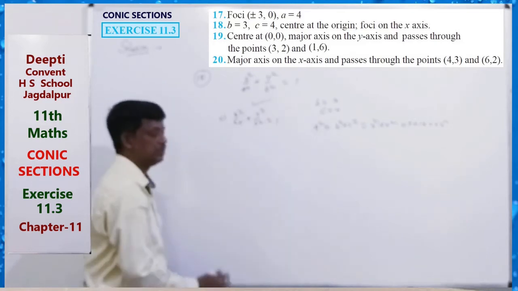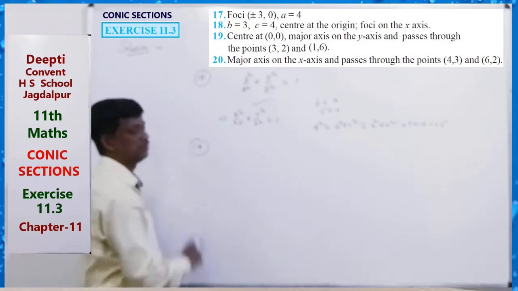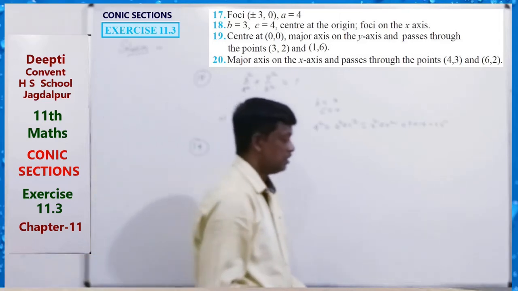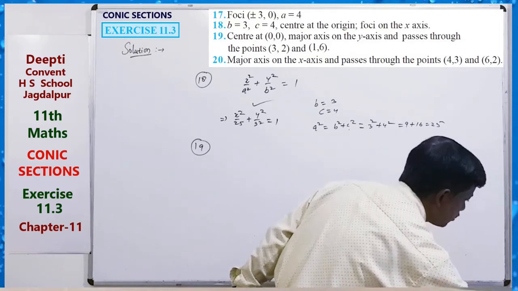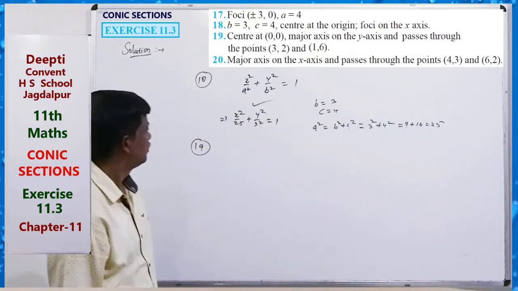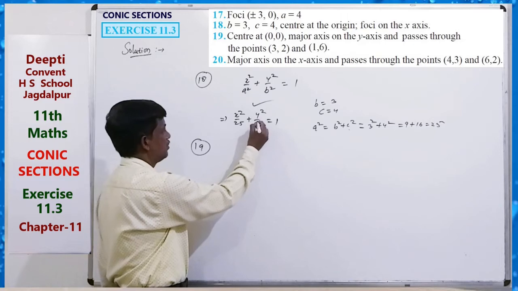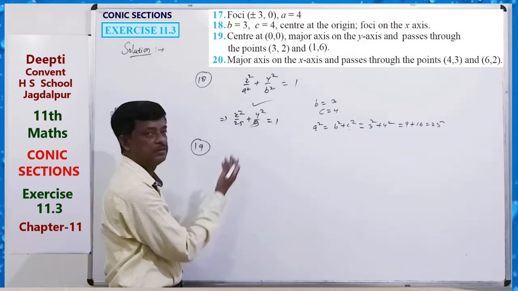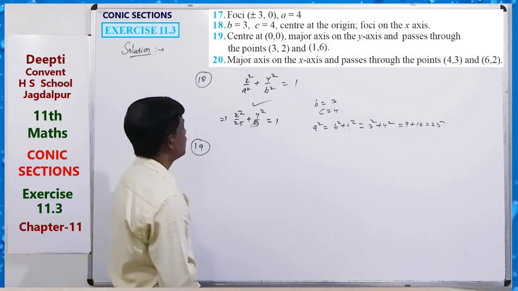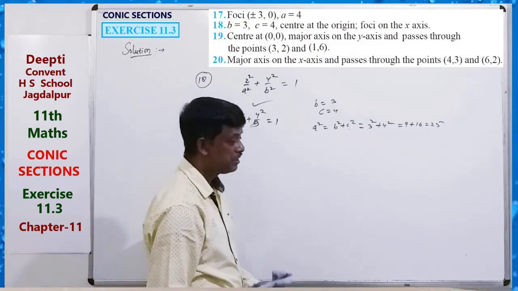So this is the solution: x square by 25 plus y square by 9 equals 1. This is the solution for 18.